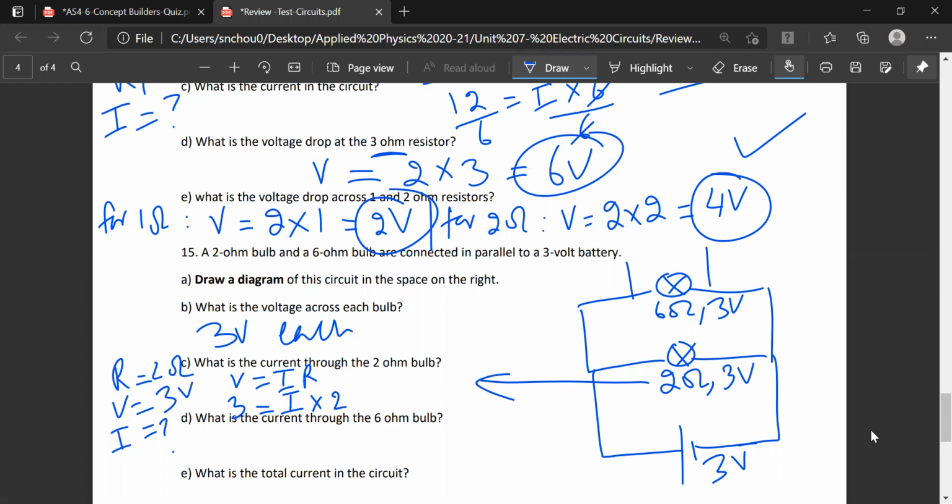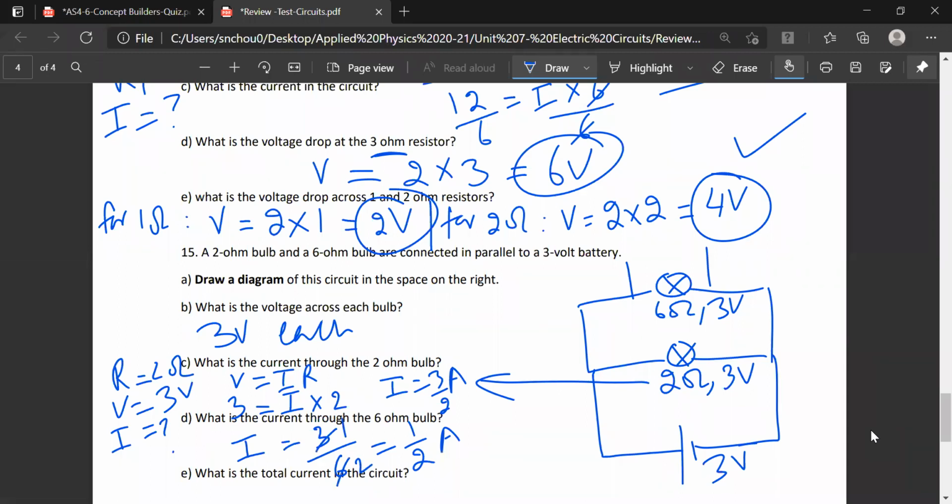Divide both sides by 2 and you get I equals 3 over 2 amps. You got the idea? You do the same for the 6 ohm. Instead of 2 ohms, you have 3 divided by 6 ohms. So half an amp, right?